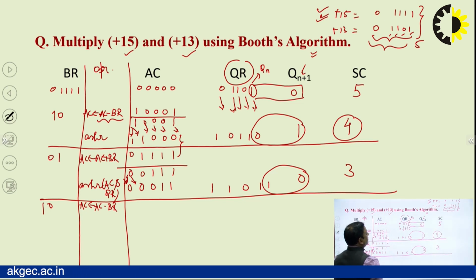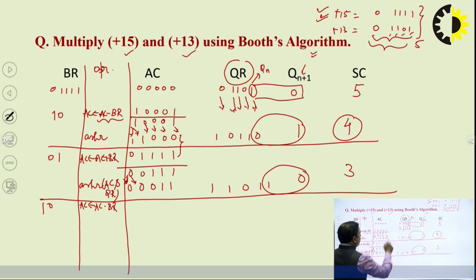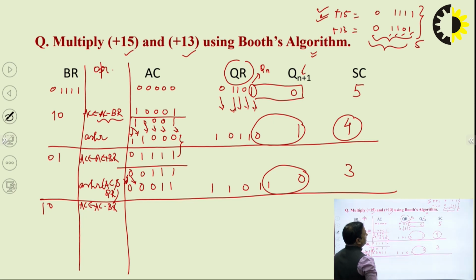So again AC equals AC minus BR, for which we have to take the complement of BR, that is minus BR, that is plus 15, that is 1 followed by 0 0 0 1. Add these two numbers: 1 plus 1 0, 1 carry, 1 plus 1 0, 0 plus 0 0, 1 carry, 1 plus 0, 1, 0 plus 0, 0, 1 plus 0, 1.